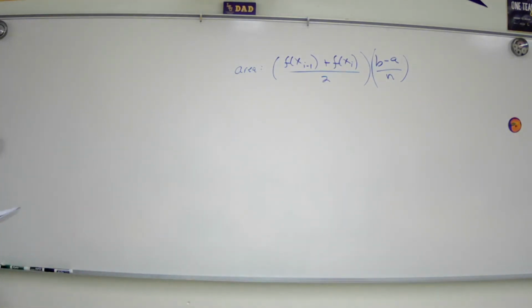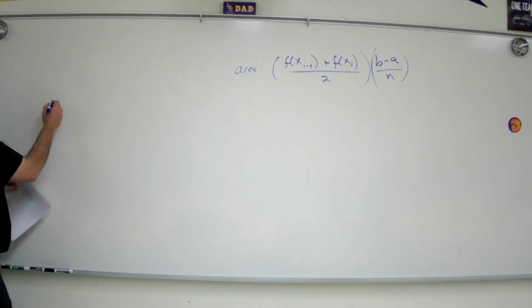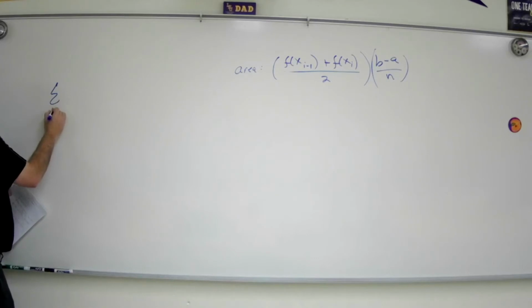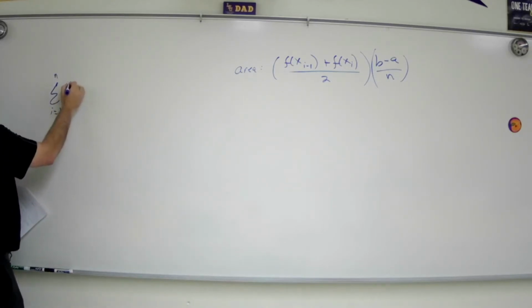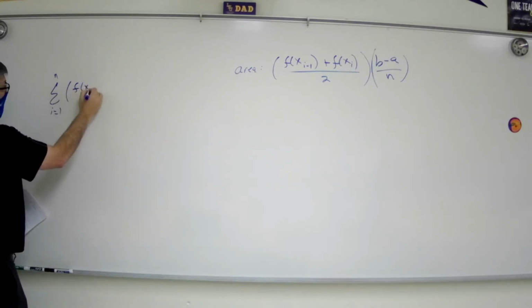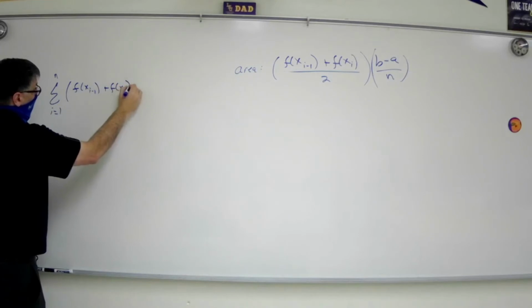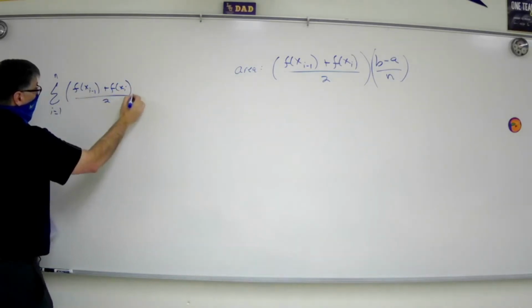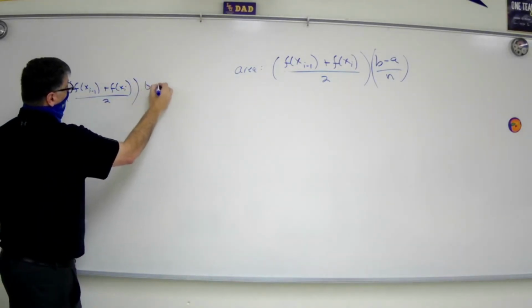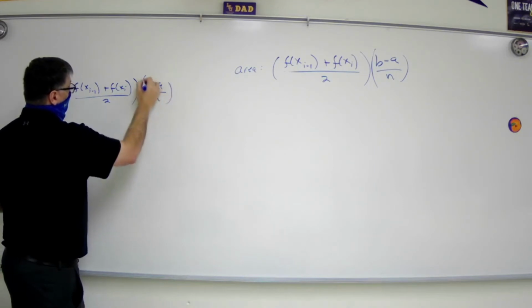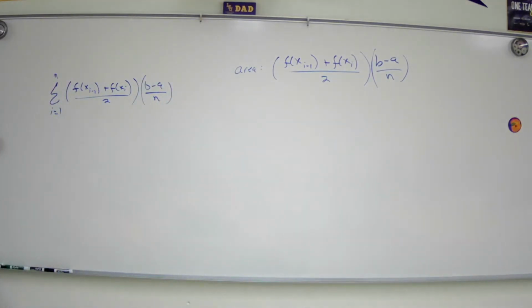All right. Notice I'm starting over here, right? If I want to do the sum as i equals 1 trapezoid to n trapezoids of f of x sub i minus 1 plus f of x sub i divided by 2 times b minus a over n. Yes?